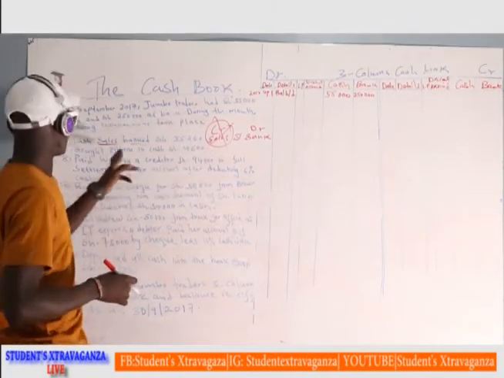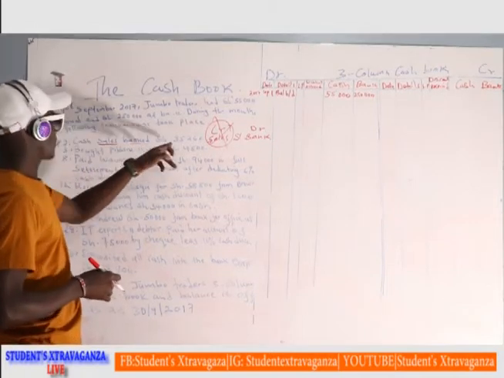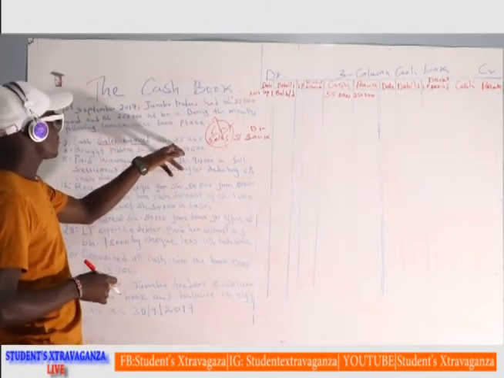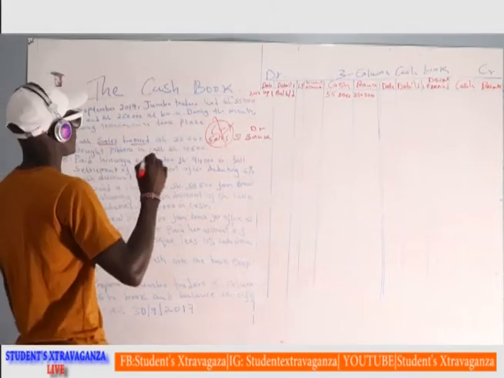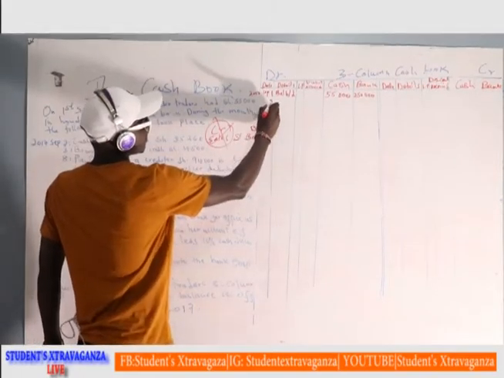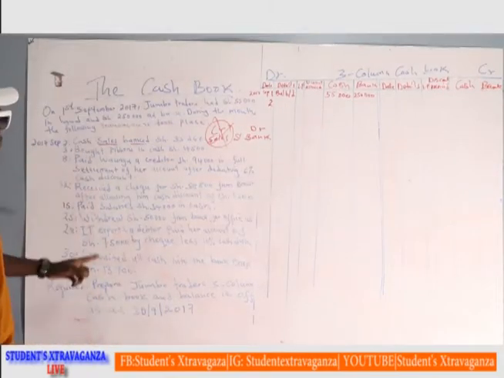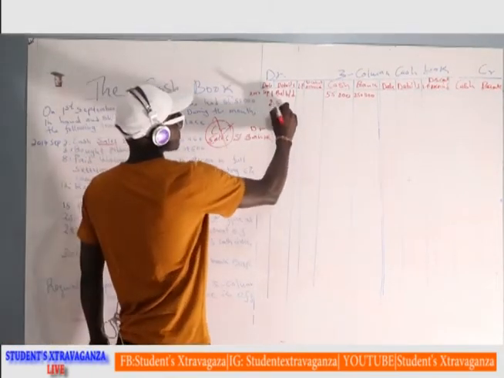So here we are going to record bank 35,200, 2017 September 2. We say that sales.